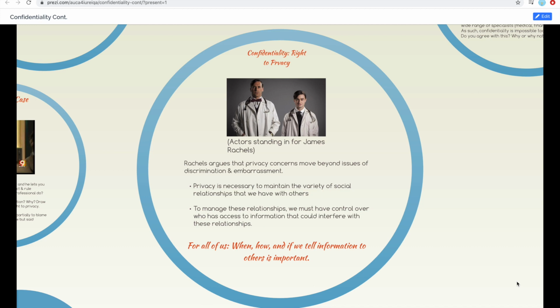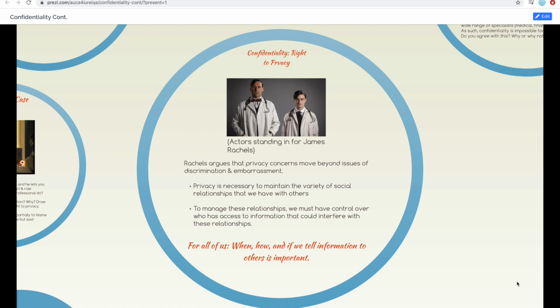Right? By not respecting confidentiality, you are taking away the patient's choices concerning when, how, and if they provide information to others. And this could in turn impact their relationships.